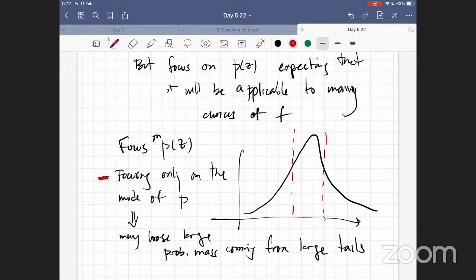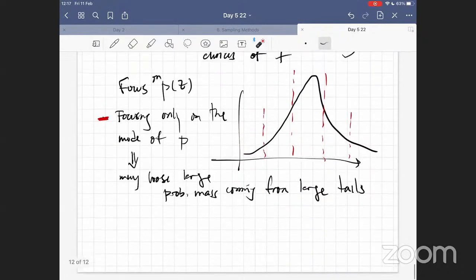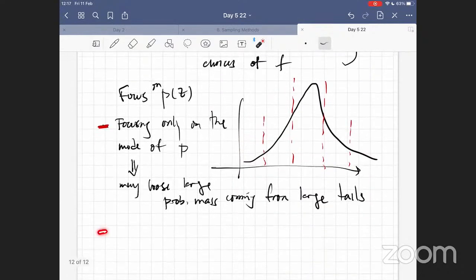But then you may say, okay, I won't focus on the mode, I will focus on the tail. What happens if I only focus on the tail?